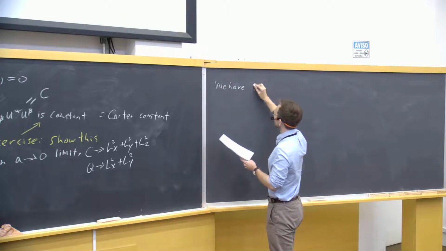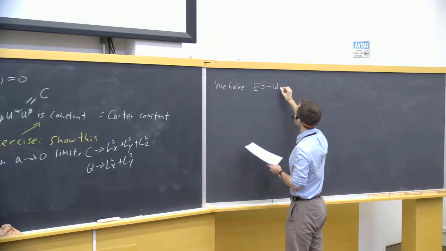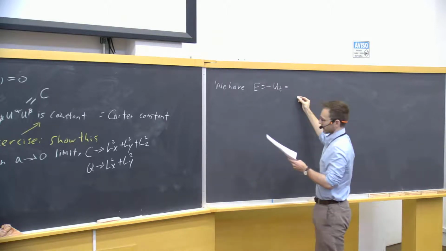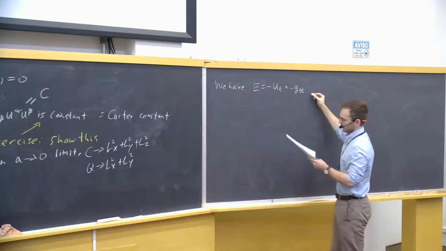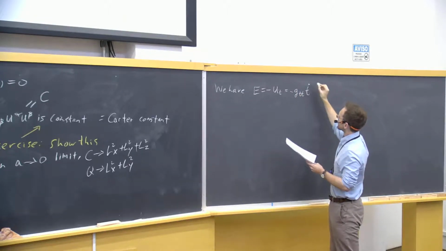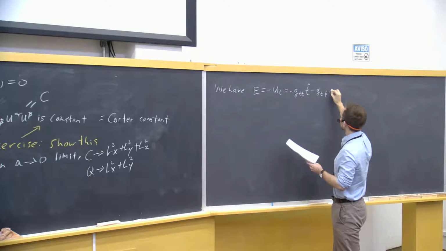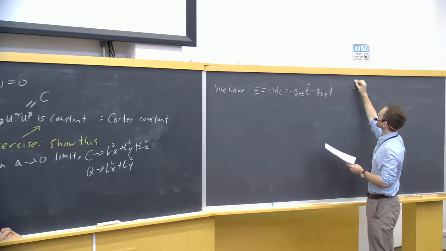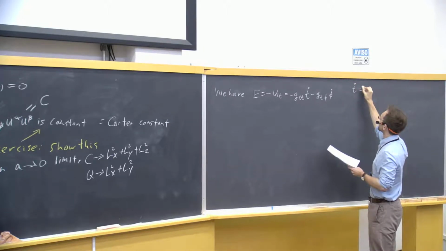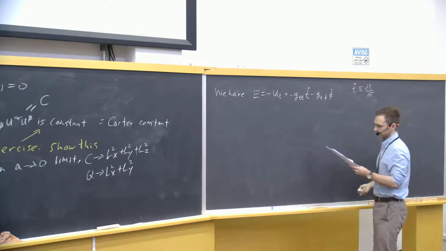So we have that E is minus u t, which is minus g tt t dot minus g t phi phi dot, where here a dot means a derivative with respect to proper time.